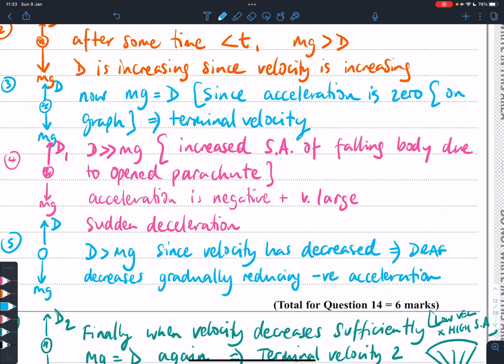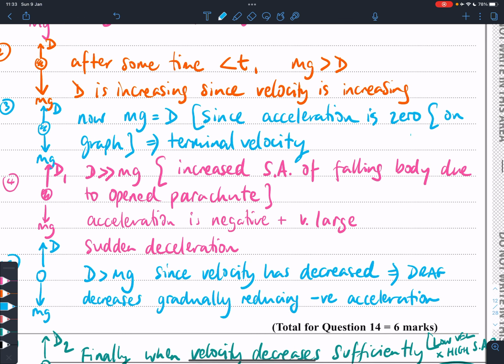In this one, this has just the individual falling, and they have the parachute on their back, but they have mg down there, and this is the drag, and this is a high velocity times a low surface area. So you can get the same drag force in two ways.